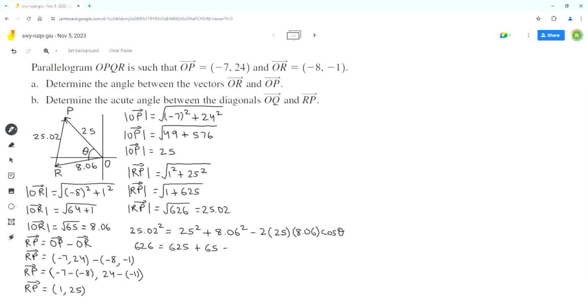Now 2 times 25 times 8.06 is equal to 403. Now we can add 625 and 65, which is equal to 690. So we have to subtract 690 from both sides.